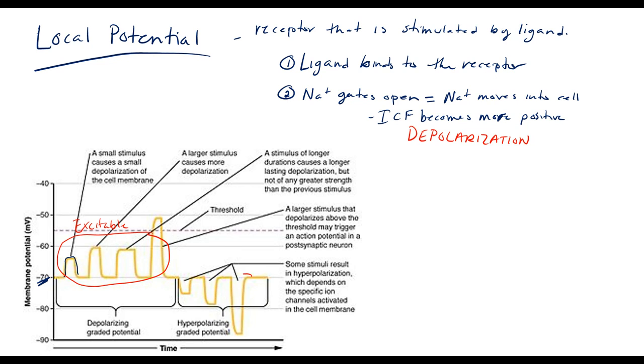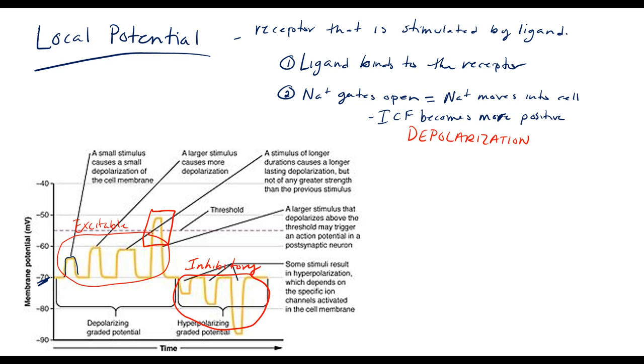And then the ones over here that are making that polarization more negative, we call those inhibitory, because they're making it a little bit harder for that action potential to take place. This particular one right here is one that is probably going to trigger an action potential, which we're going to talk about right now.